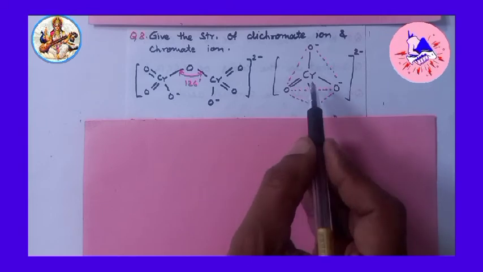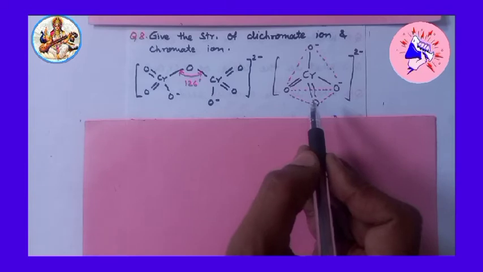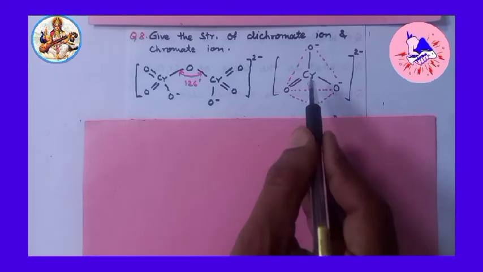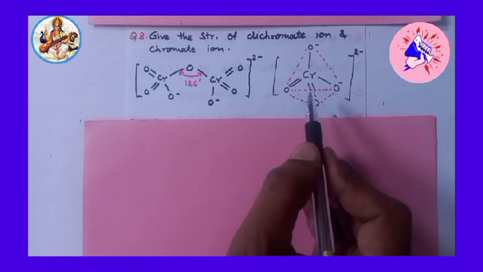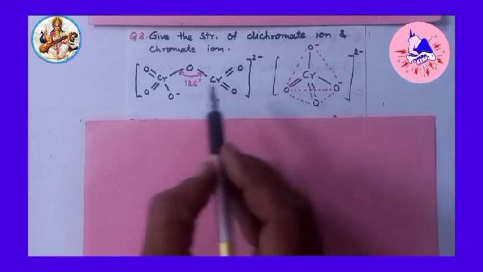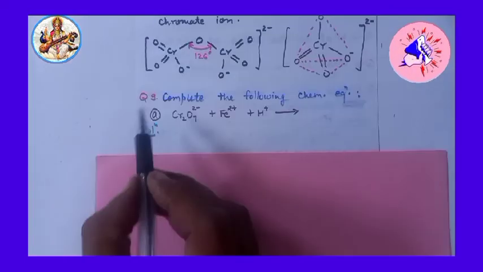Similarly, the structure of chromate ion is shown in the figure. It has a tetrahedral shape. The hybridization of chromium in both ions is sp3.